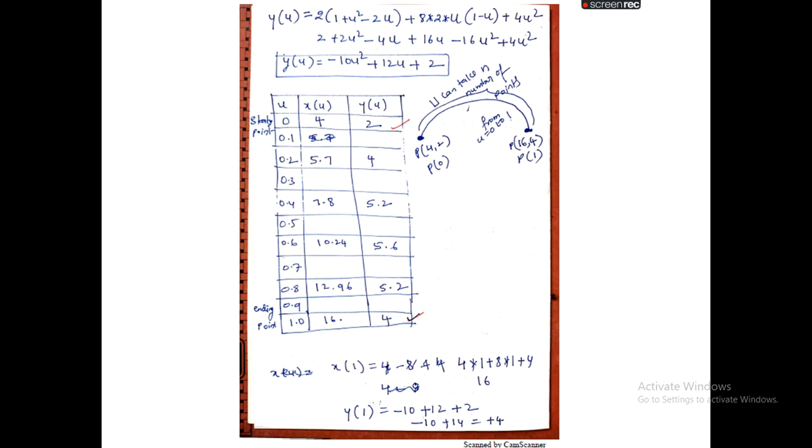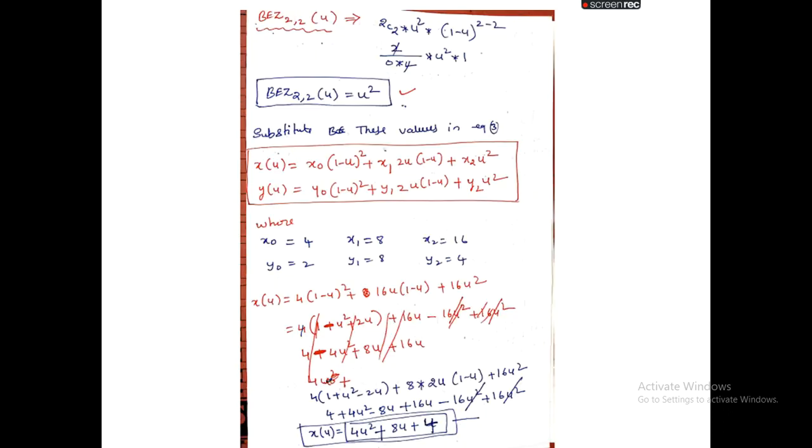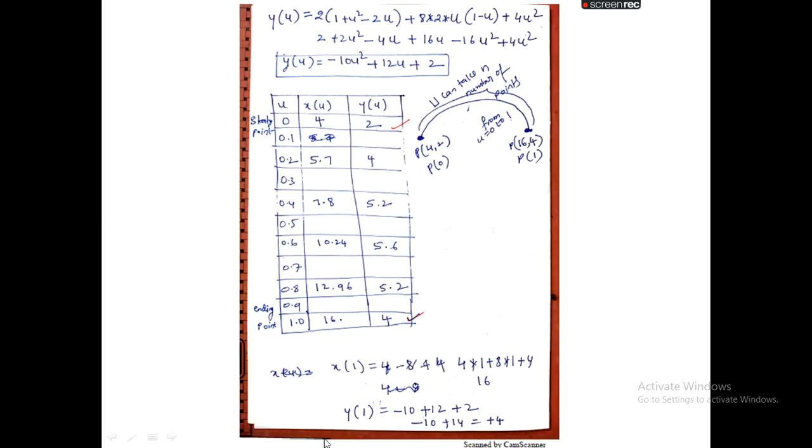from the first control point to the last control point with respect to the y-axis. Now with the help of these two equations, x of u and y of u, I will substitute u values from 0 to 1.0. Please see that I created a table. The table contains three columns: first column u value, second column x of u value, third column y of u value.